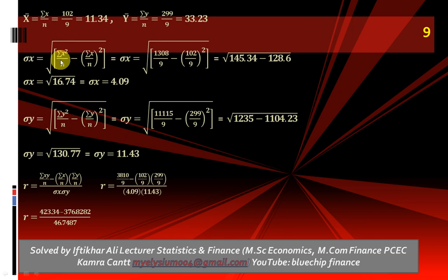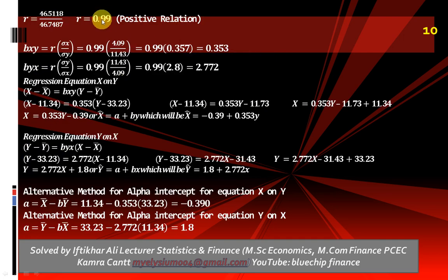In ungrouped data there is no frequency, so standard deviation of x and y are given here. So finally put all these values into the formula of correlation coefficient, and correlation coefficient is equals to 0.99, which indicates the positive relation.